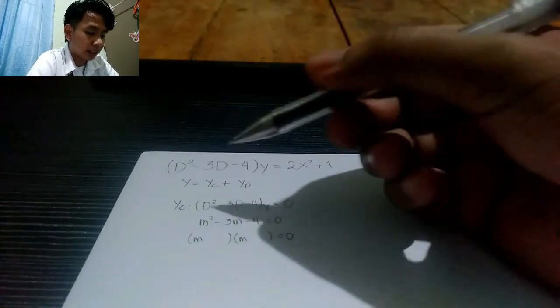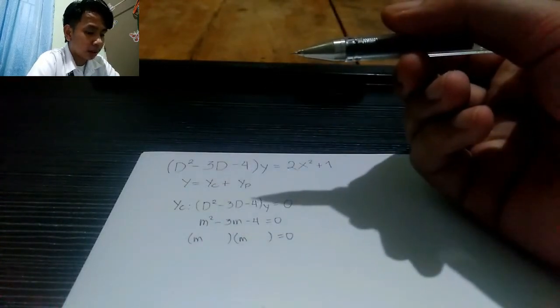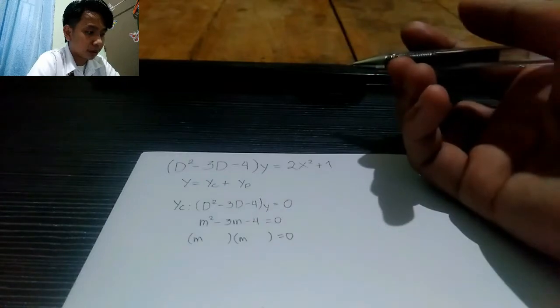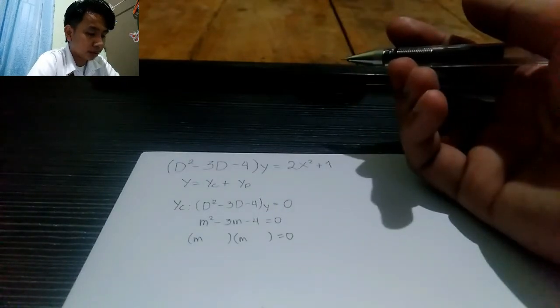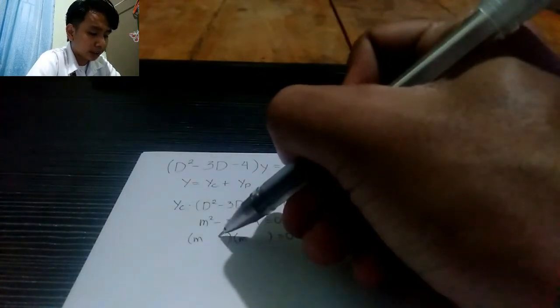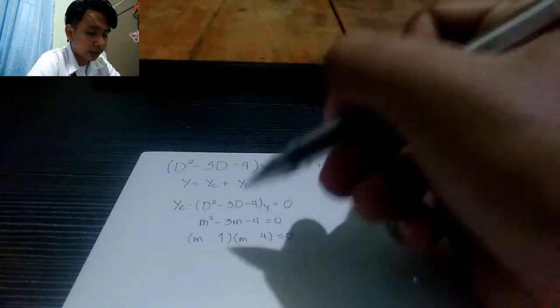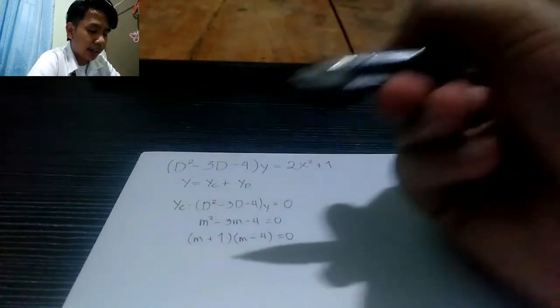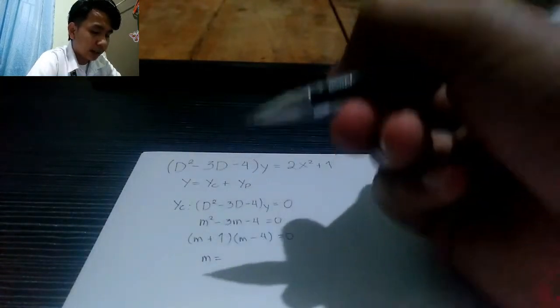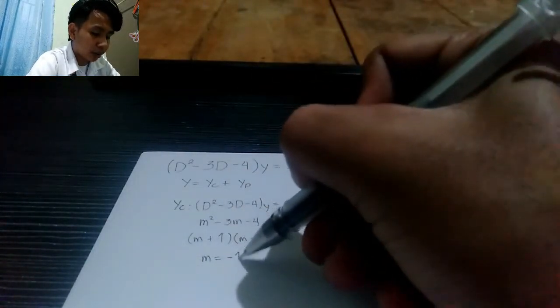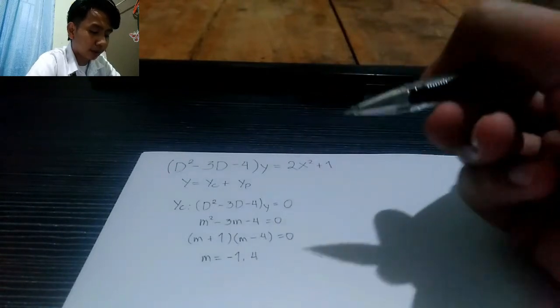Pero pag pinag-plus ay hindi naman negative 3. 1 times 4. 1 times negative 4. Ayan, 1 times negative 4. 1 times 4. Yan. So, ang roots ng equation natin or yung m natin ay 1, negative 1, and positive 4.